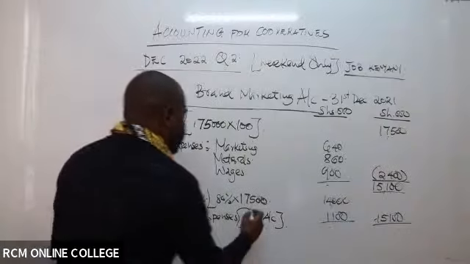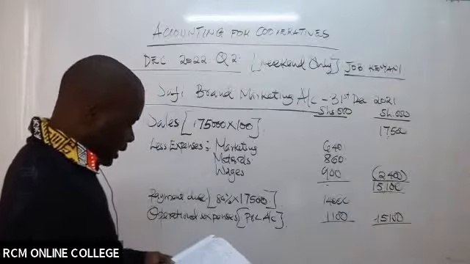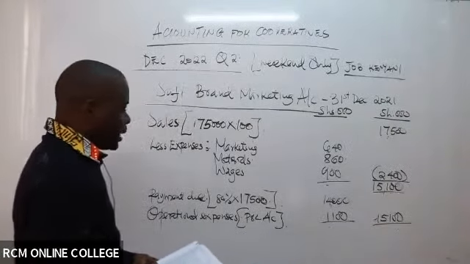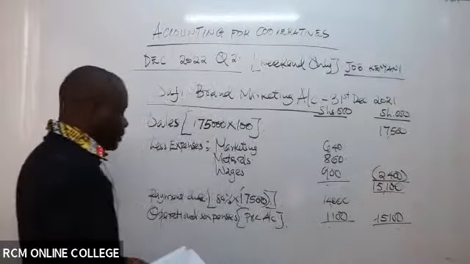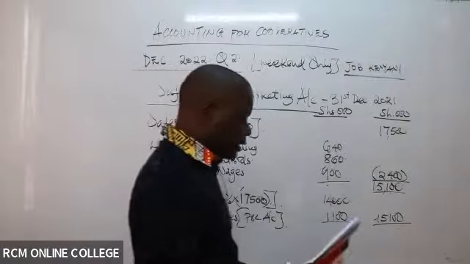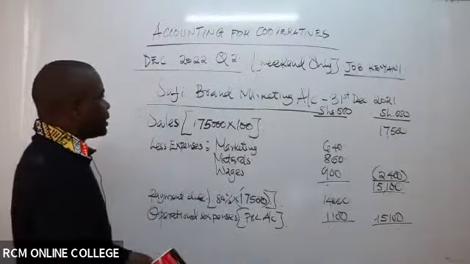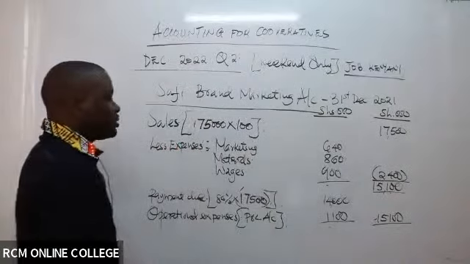And since this 17,500 is an amount they are yet to pay out, it will be part of the items that we'll include in the balance sheet.